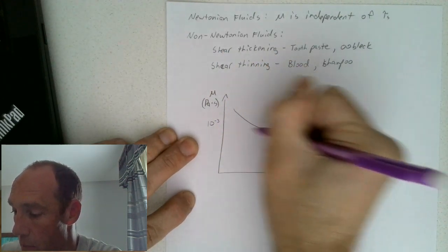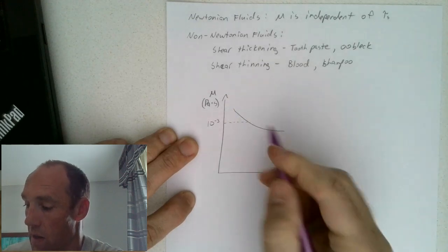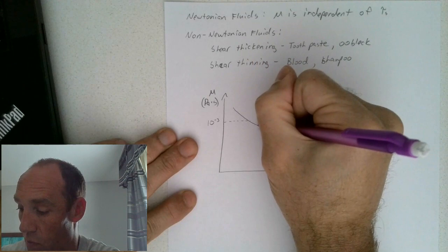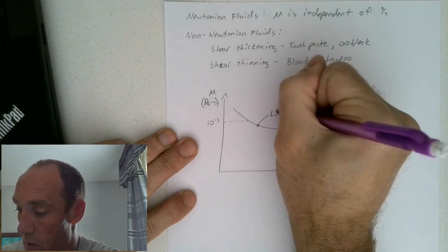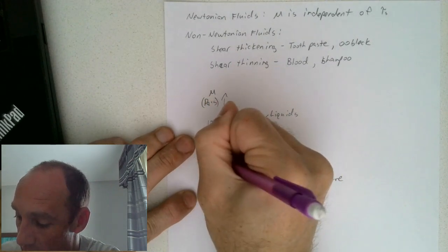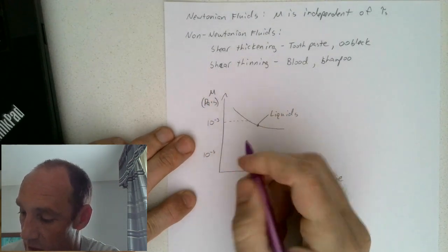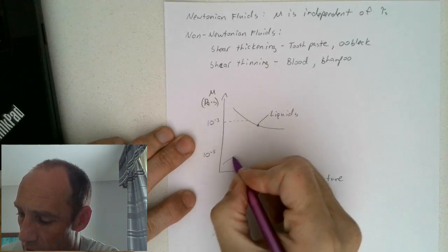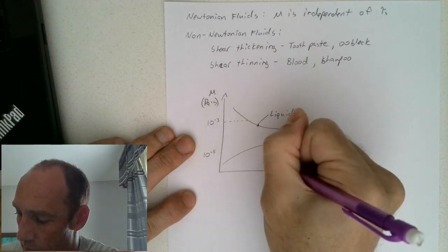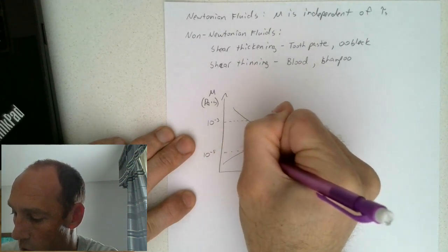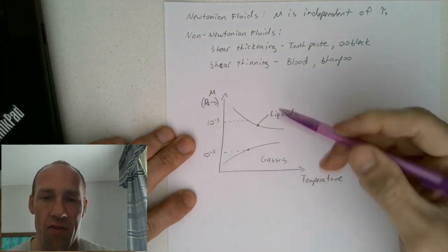And as a function of temperature, the viscosity drops as a function of temperature. And this is for liquids. However, for gases, even though they're much less viscous, their viscosity tends to increase with temperature. Okay, and this is not to scale, obviously.